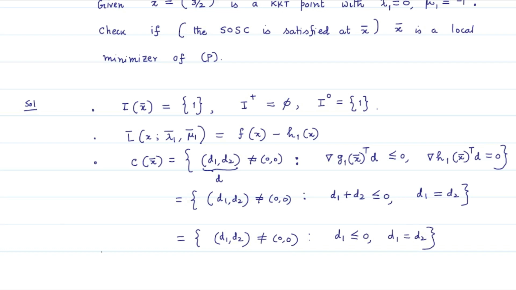Now we go for checking whether inside this set C x bar the Hessian of L bar is positive definite. We compute the Hessian of the restricted Lagrangian at a general point, which gives us the Hessian of f minus the Hessian of h1(x).